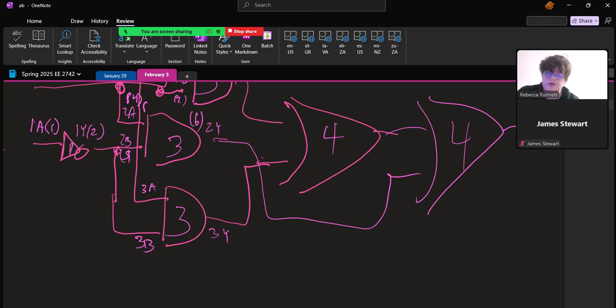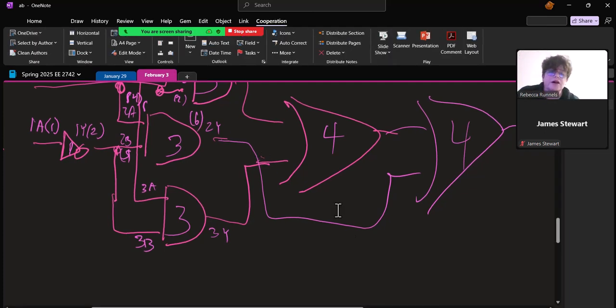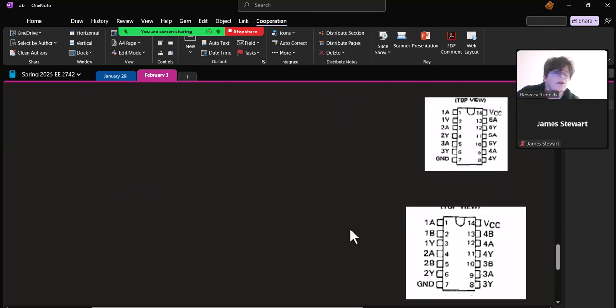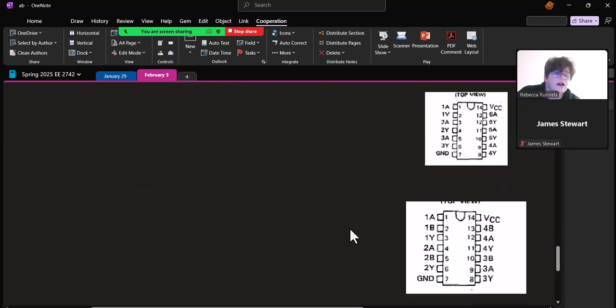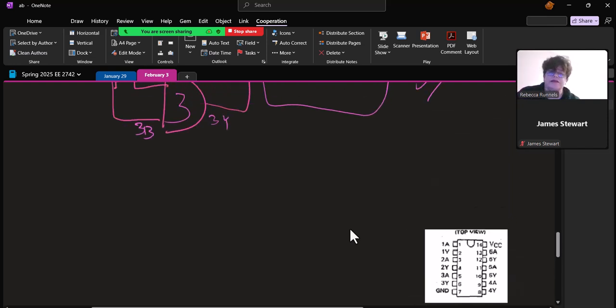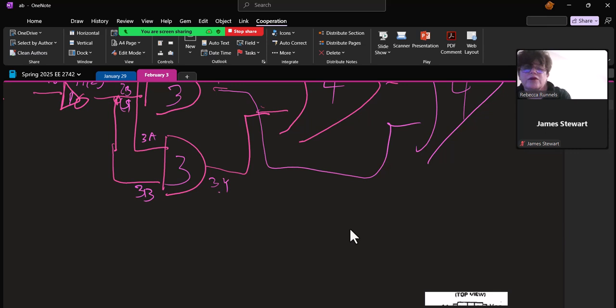And the pins for 3A, 3B, and 3Y are 9, 10, and 8. So 3Y is 8, and these are 9 and 10.